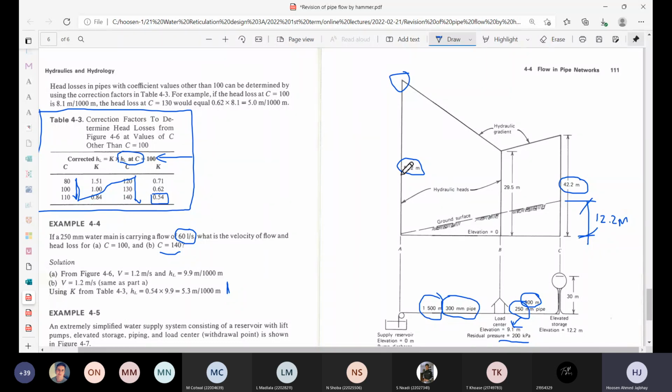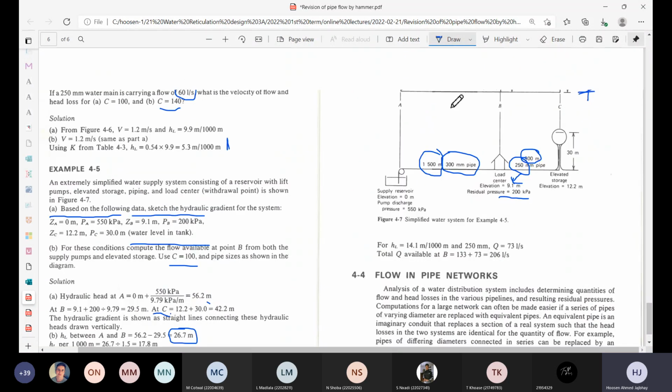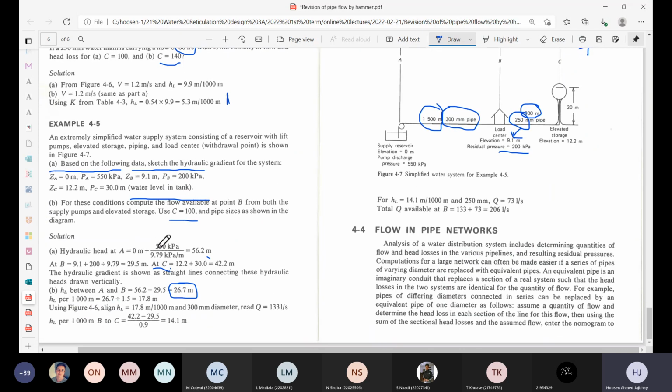So the head loss would be the difference between those two values, 56.2 minus 29.5, so 26.7 meters of head loss occurring in pipeline AB by the time the flow reaches point B.